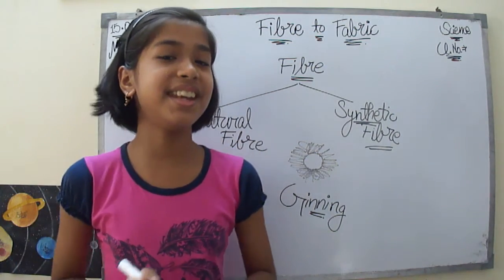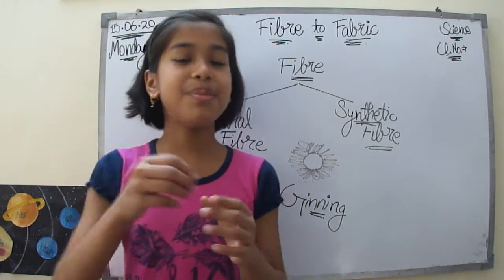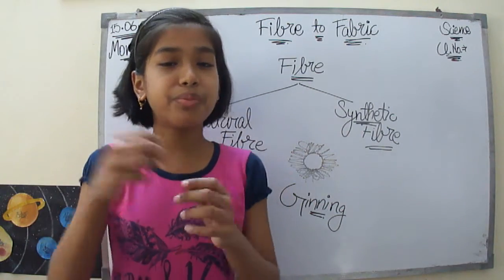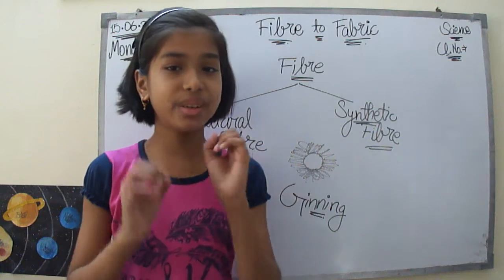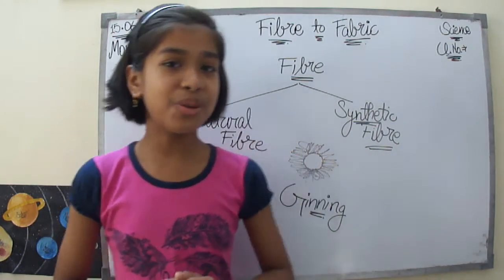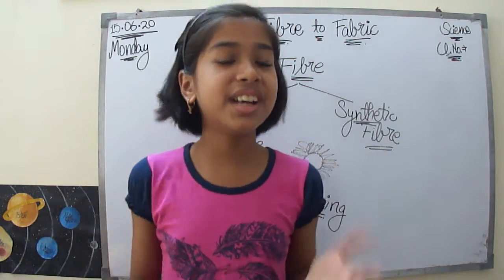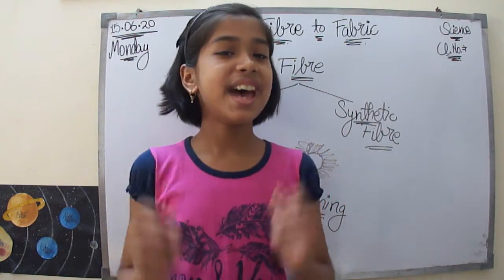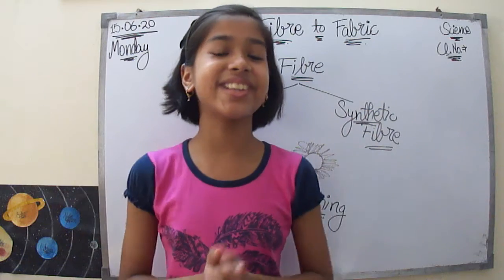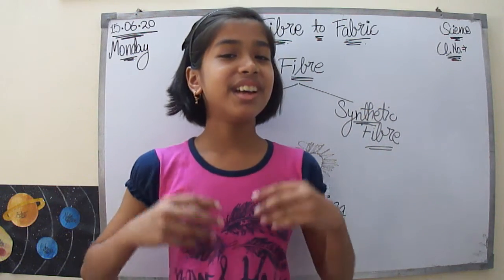Now, what is ginning? Yes, the process of plucking or extracting the cotton fibers from the cotton seed. When we are done, we do the spinning to form the cotton threads, and then we do the weaving to get the cotton fabric.